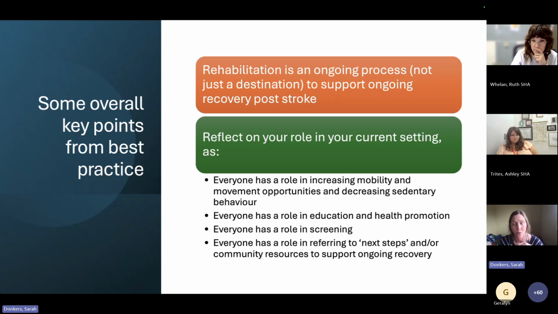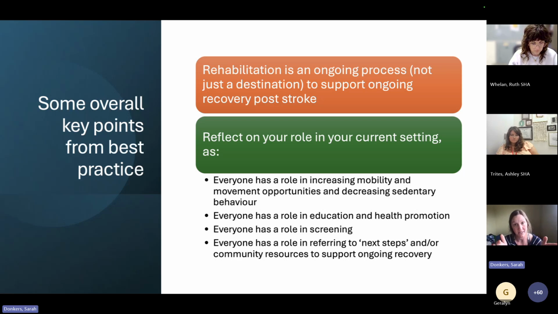The other thing we all have a role in is education and health promotion. So we all talk about stroke and their impairments or what's happening next. But the guidelines are showing that we should all also be assessing, what do you know about your stroke? How is your sleep? Are you currently active?